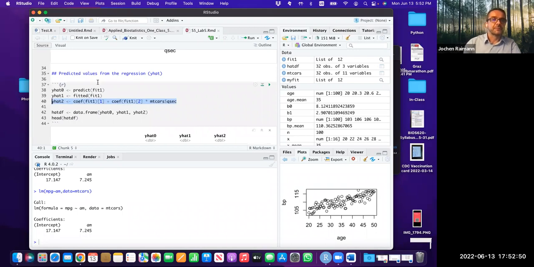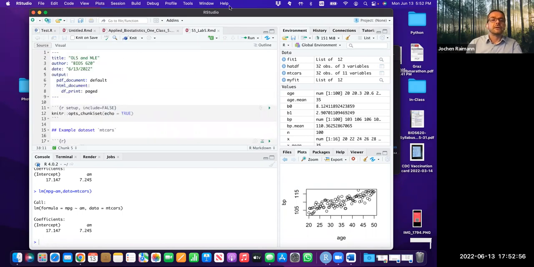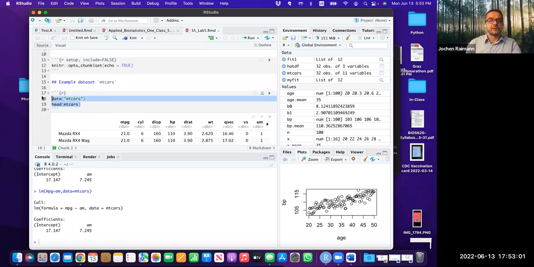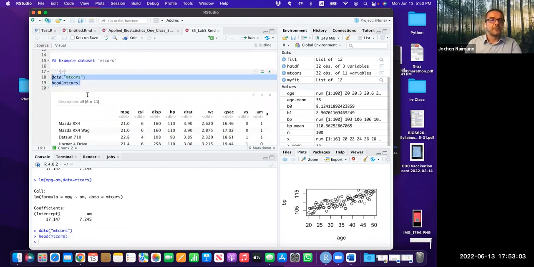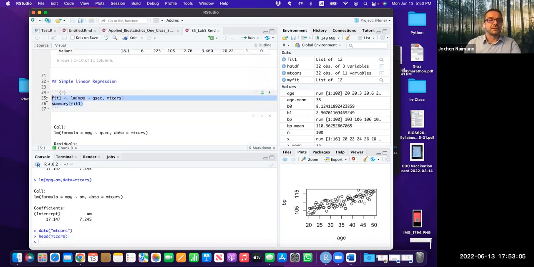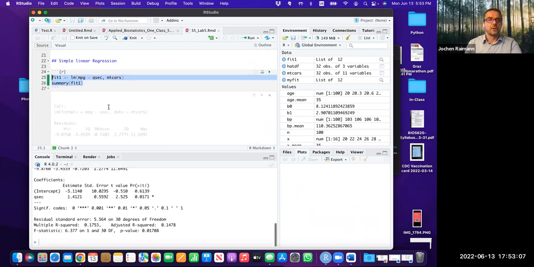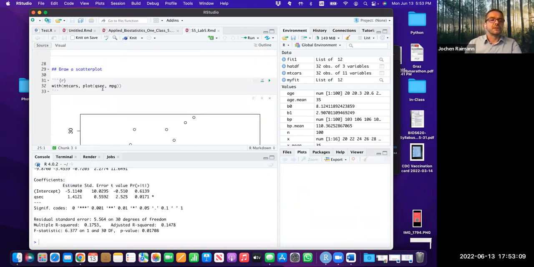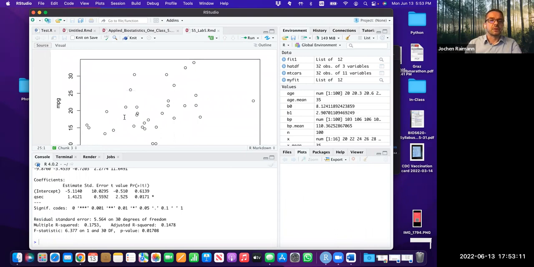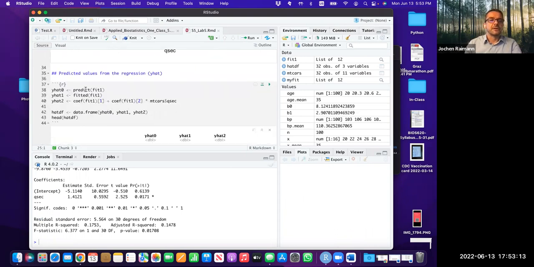So for example, here you have the predicted value, right? We can quickly look at this. There's the mtcars data. Here we have the fit, and this scatter plot for mtcars.